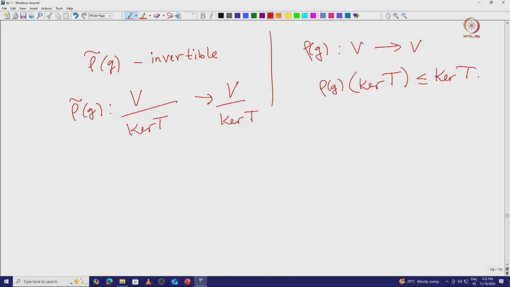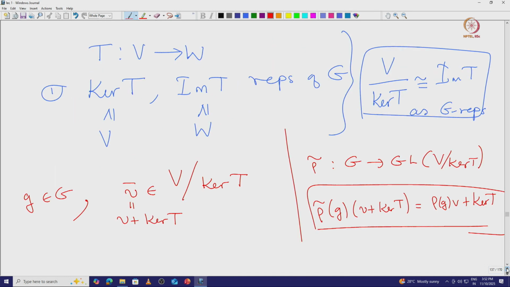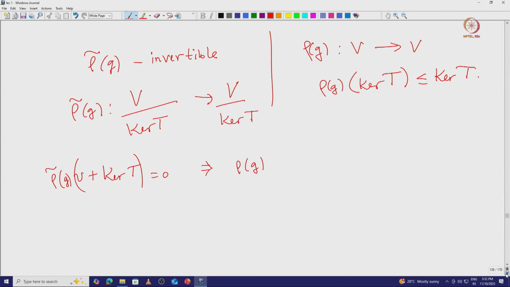So, let us look at what happens when we have an element killed by the map. Then v plus kernel T is killed by the action of rho tilde(g). That means that rho(g)(v) plus the kernel of T is zero, so this is exactly saying rho(g)(v) belongs to the kernel of T.